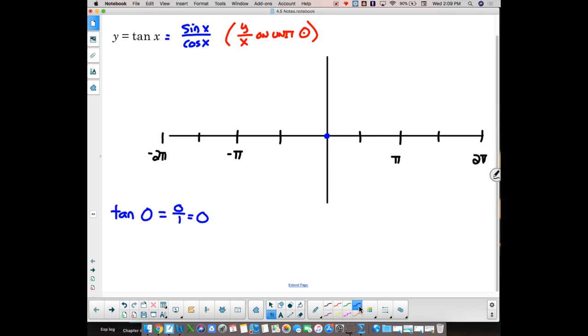Okay. All right. Where else is tangent equal to 0? At 2 pi. Because 0 and 2 pi are the exact same thing.